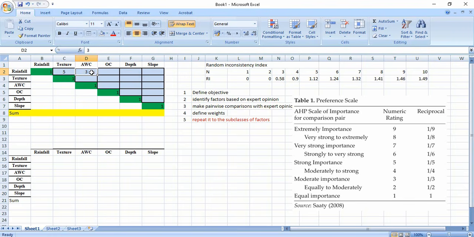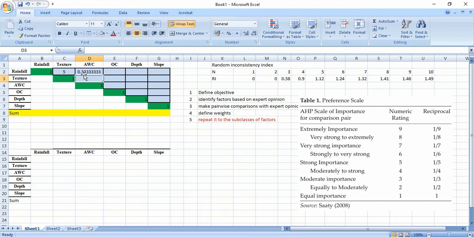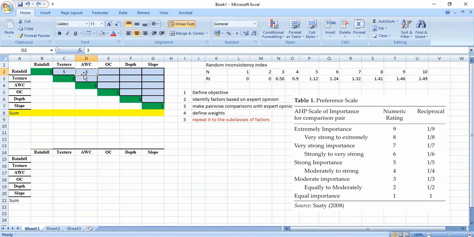If suppose your expert suggests that AWC is more important, then in that case it will be a reciprocal of that. So suppose AWC is more important, then it will be reciprocal of this, so it will be 1 divided by 3. So this is one example. So I will come to original. So rainfall is more important here, so it will be 3.